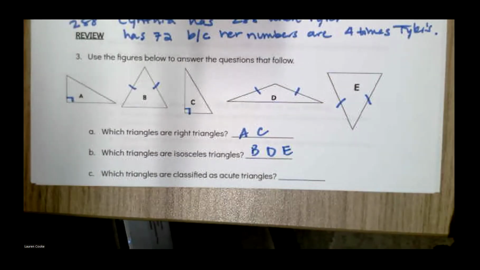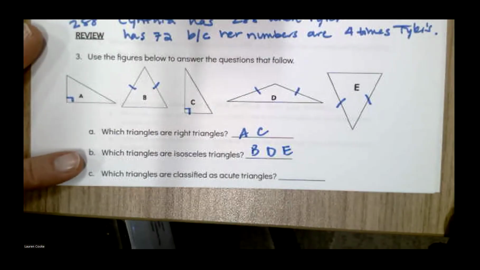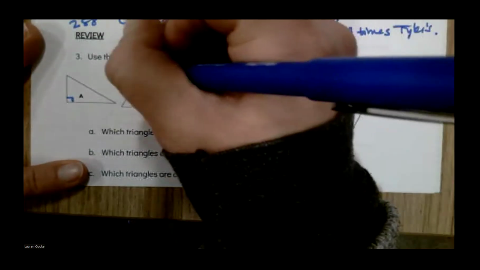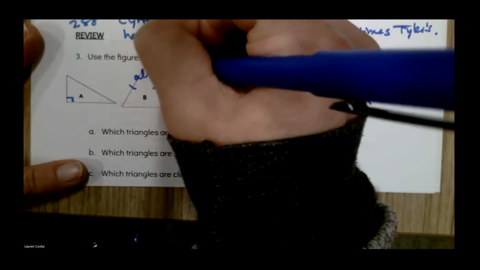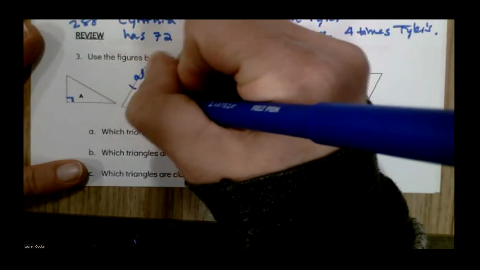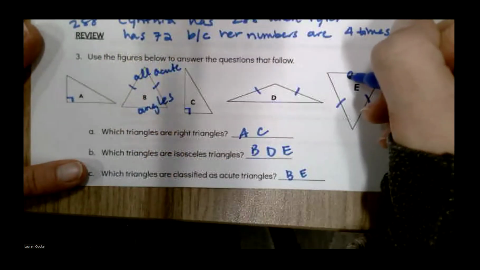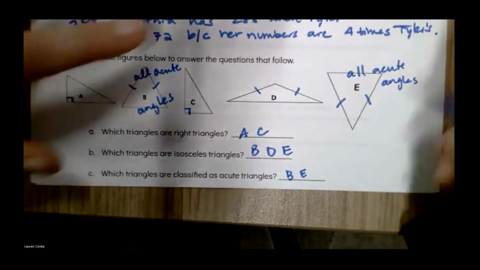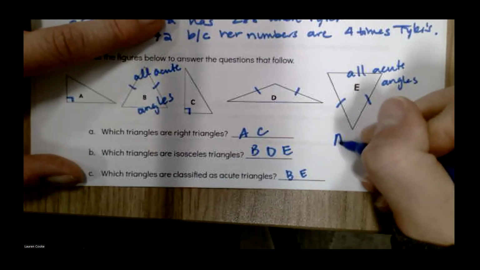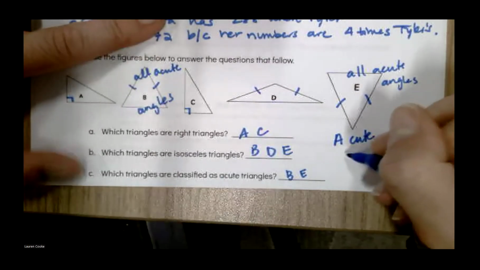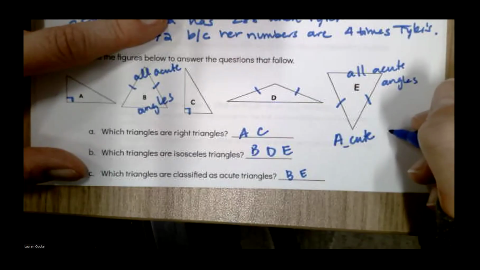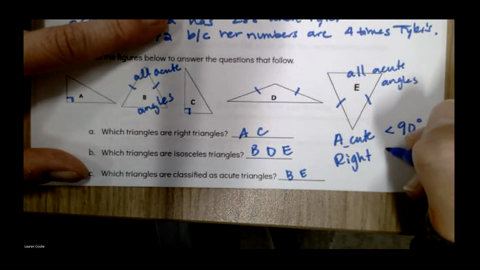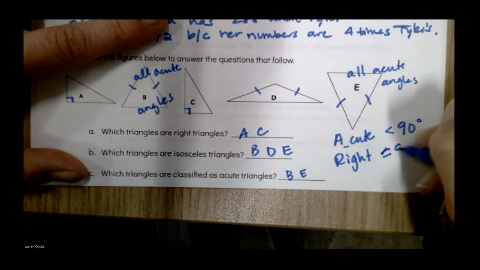Which triangles are classified as acute? It's going to be B and E. This has all acute angles, and this has all acute angles. If you forget what an acute angle is, a cute little angle, it's less than 90 degrees, because a right angle is equal to 90 degrees.